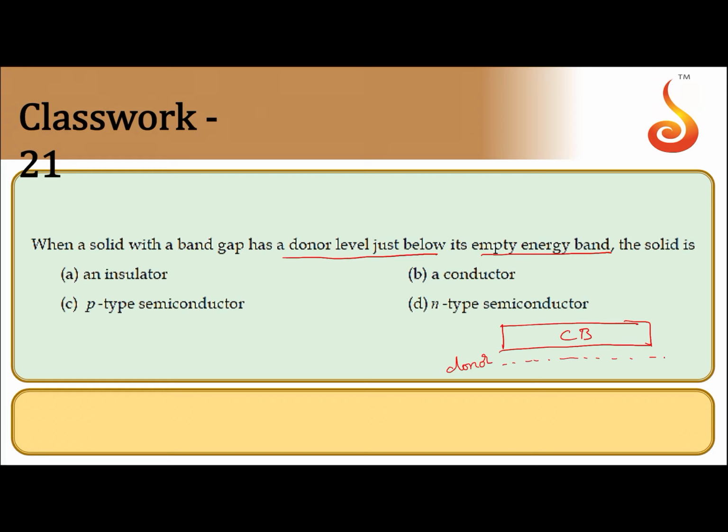So you have doped it with donor impurity, so this will be your valence band. Donor impurity means electron donating species. When it is electron donating species, it must be n-type semiconductor. When you add donor impurity, it will give you n-type semiconductor. That is option D.